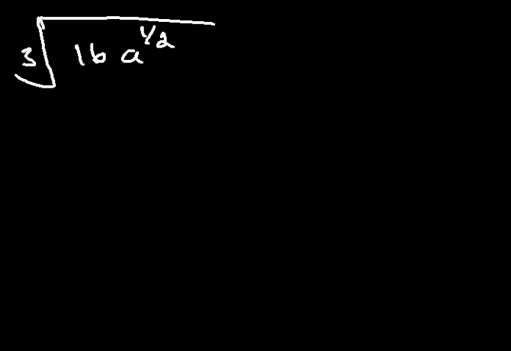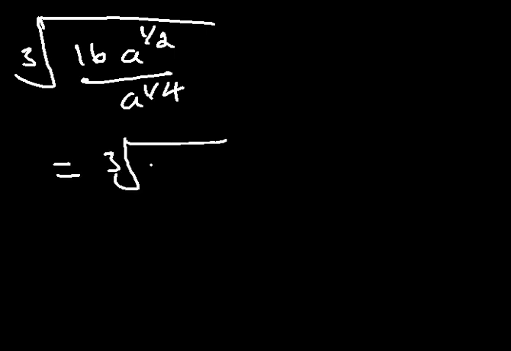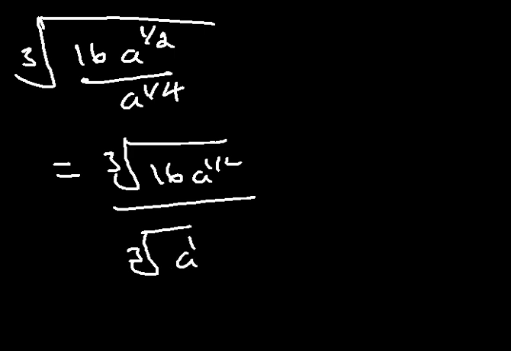But keep that in mind. Now, what if we have this case? Let's say we have the cube root of 16a to the power 1 over 2, divided by a to the power 1 over 4. What is the principle behind this? It is the same as the cube root of 16a to the power 1 over 2, divided by the cube root of a to the power 1 over 4.